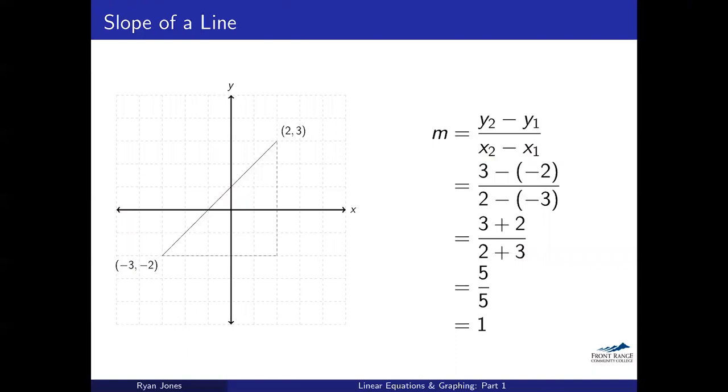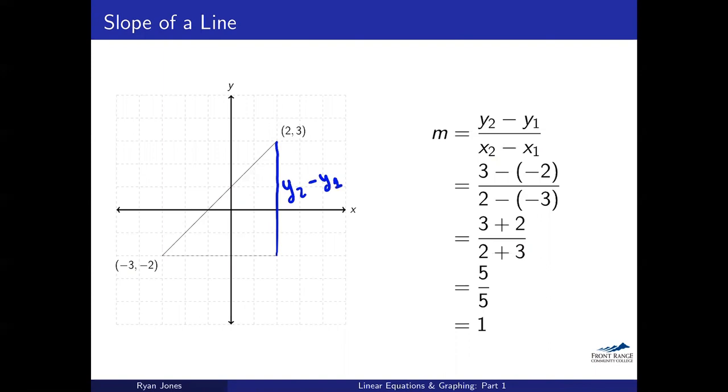Remember, we've talked about ratios as being fractions. We're finding the ratio of y2 minus y1 to x2 minus x1. Or, to say that quicker, we're finding the ratio of how much this graph changes in its height, which is just the difference in these y values.